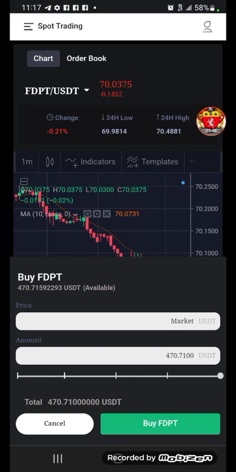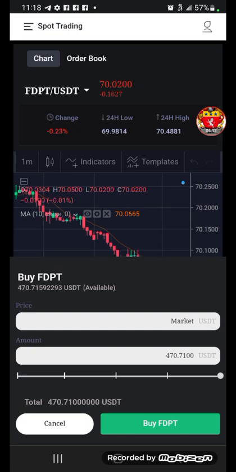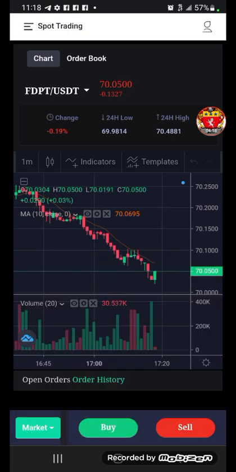Let's see if it goes down a penny more. It could go down over the next 10 minutes, because it takes about 10 minutes before the price starts actually shooting up. Yeah, 70.05. I should have bought. It's still bouncing down. I'm going to cancel this real quick.